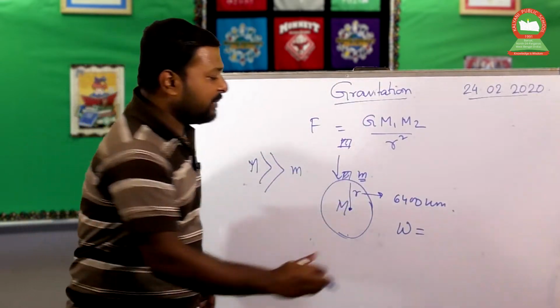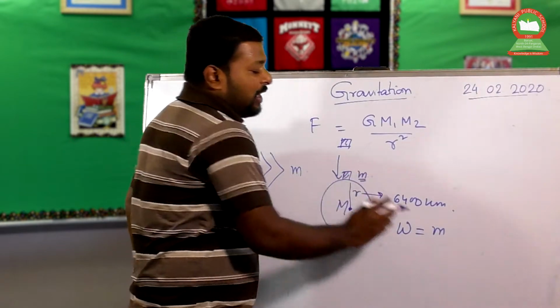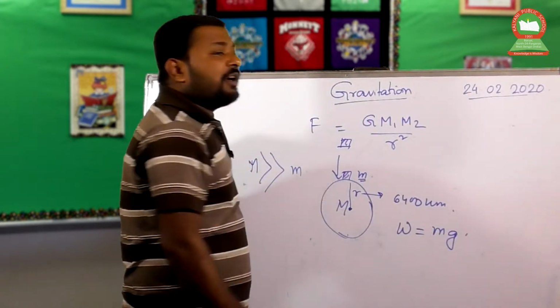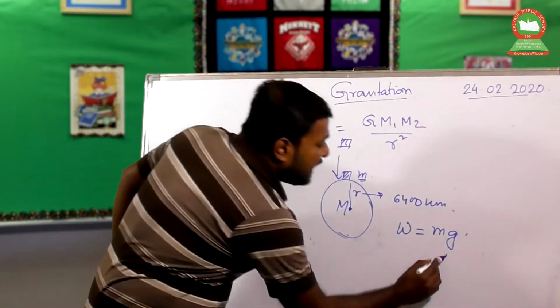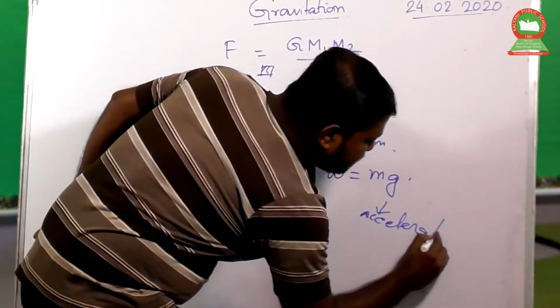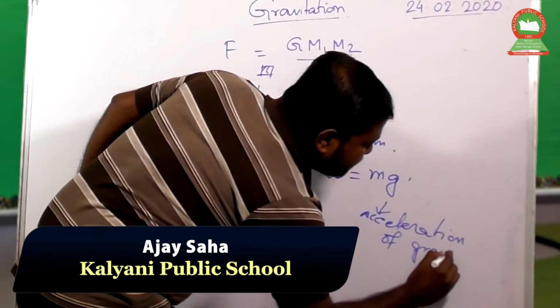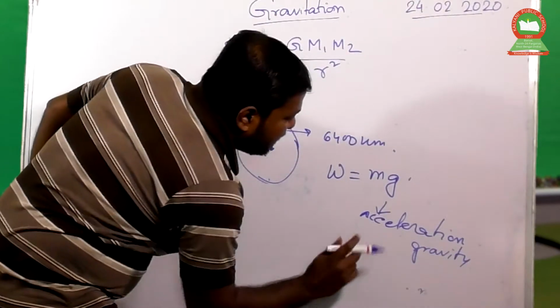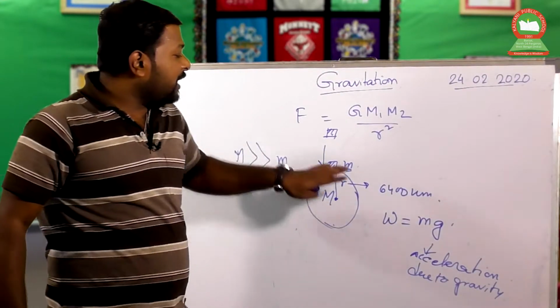So weight is nothing but m, the mass of the small body, times g, the acceleration due to gravity of the Earth. So W is the weight of that body.